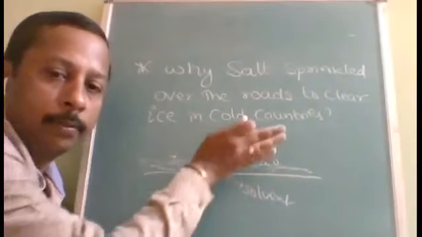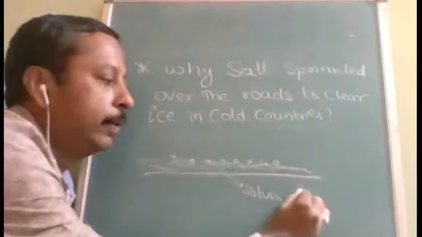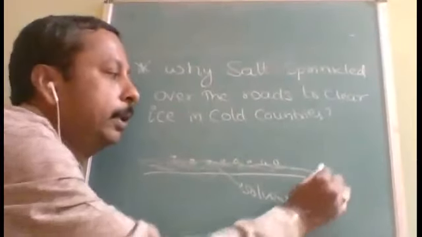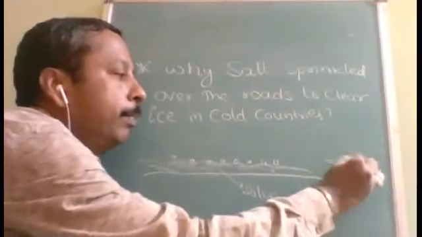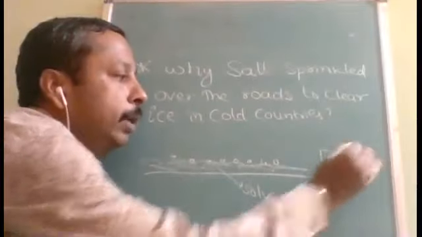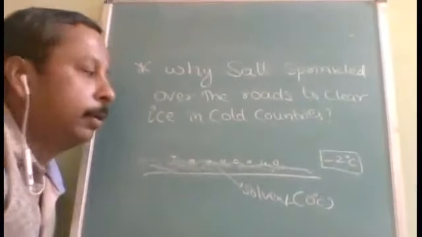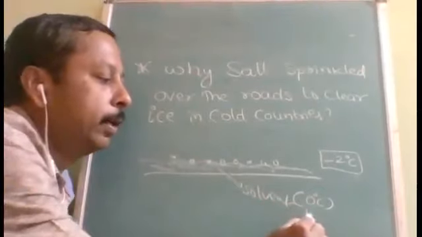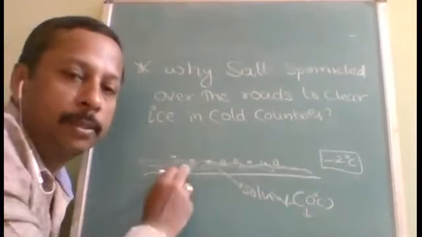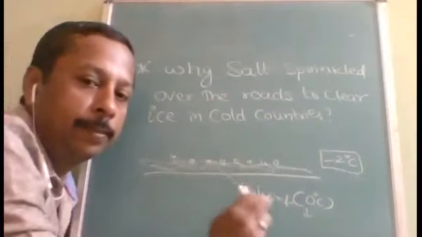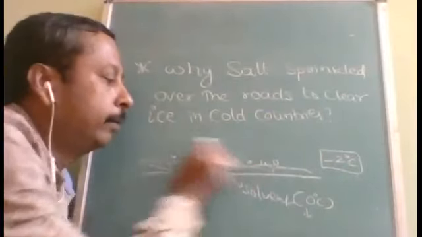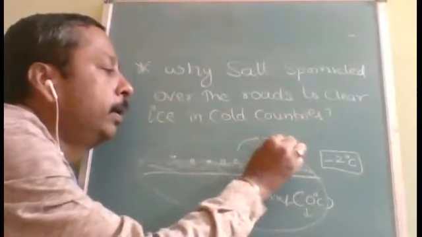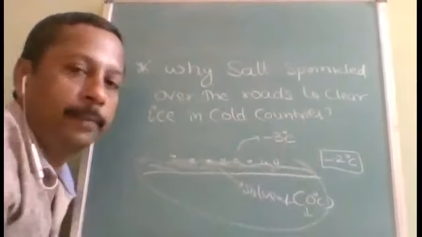Without this, the freezing point is 0 degrees Celsius. Now let us take the outside atmospheric pressure, and the temperature is -2. When I sprinkle the salt, its freezing point reduces. So that much salt is sprinkled that after formation of the solution, its freezing point is reduced to -3.